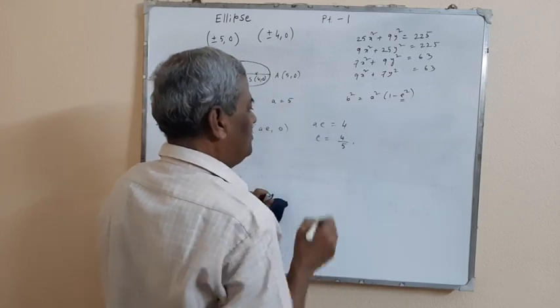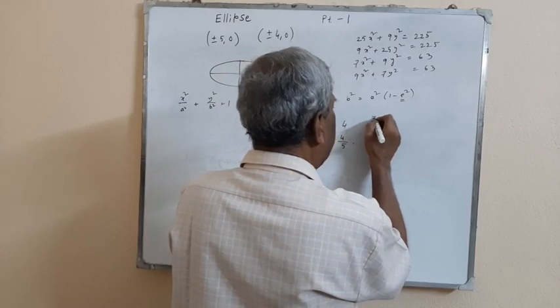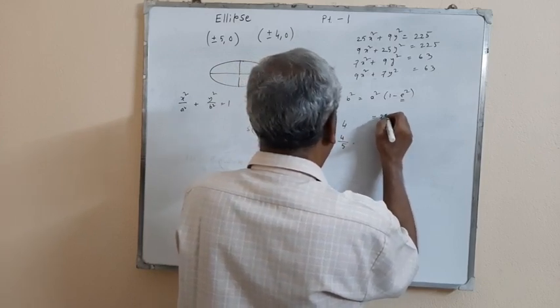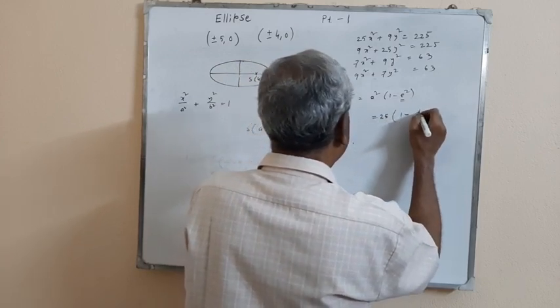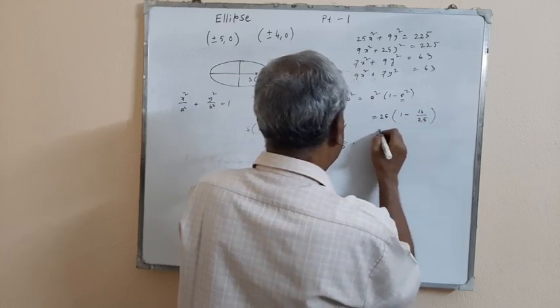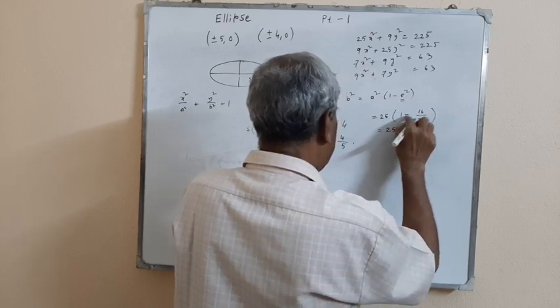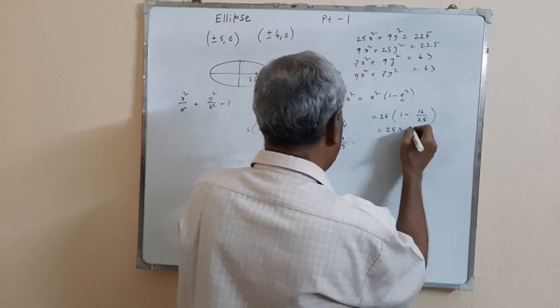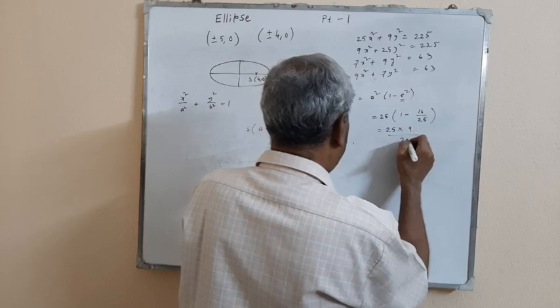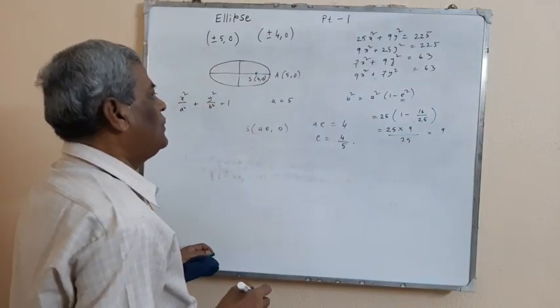A is equal to 5, so b square can be written as a square, 25, into 1 minus 16 by 25. So it is equal to 25 into 25 minus 16, that is 9, by 25. So b square is equal to 9.